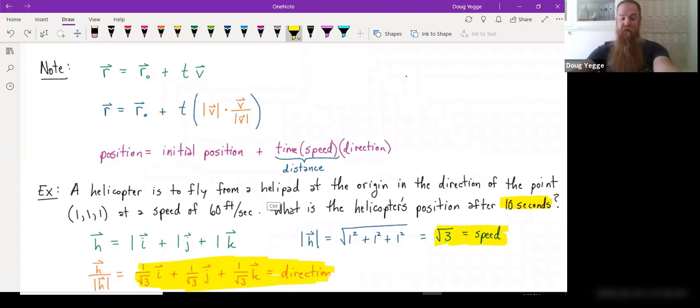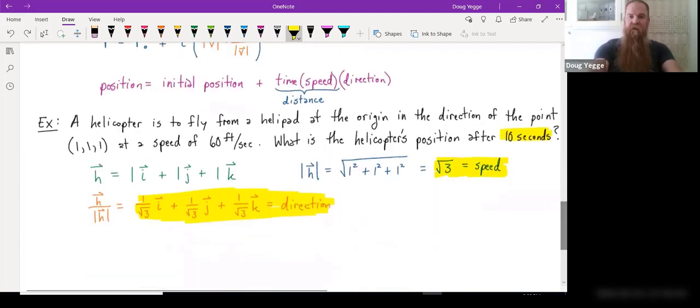But it's not really missing. We know what the initial position is. The initial position is 0, 0, 0. So it means that all we have to do here is take our position, okay, our position is considered r of 10.